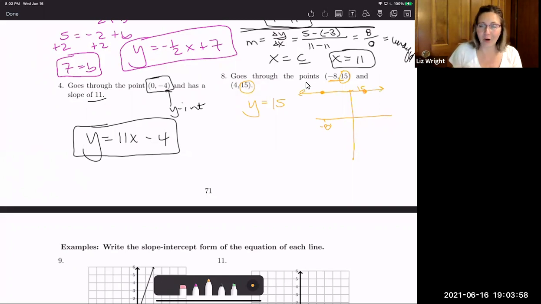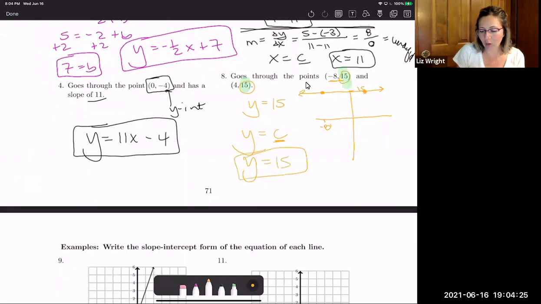So then you can go back to your notes and say, what was the equation for a horizontal line? It's y equals some constant. How do we figure out that constant? You can look back at your ordered pairs and say what number is repeating, because that's the constant. It's the number that stays the same. So it's going to be y equals 15.